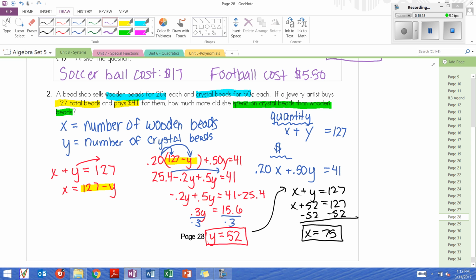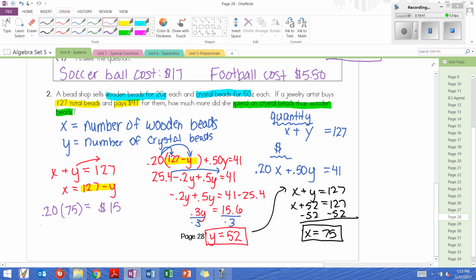Let me switch colors. It looks like she spent 20 cents for her wooden beads, which was our x value. So 20 cents times 75 is what? That is $15.